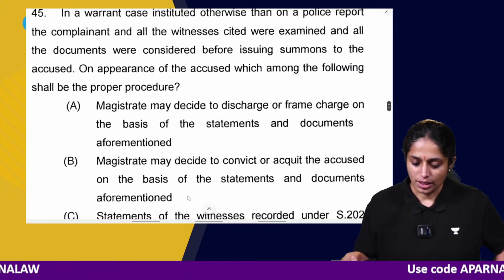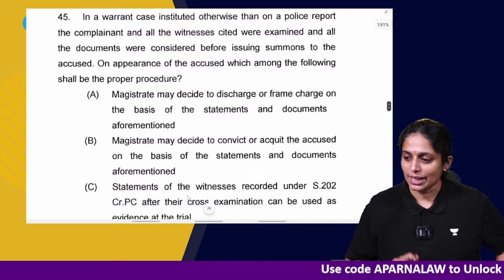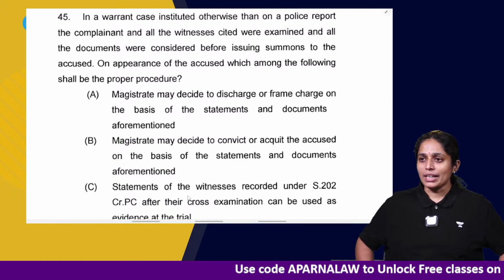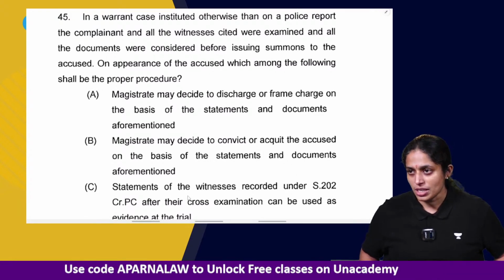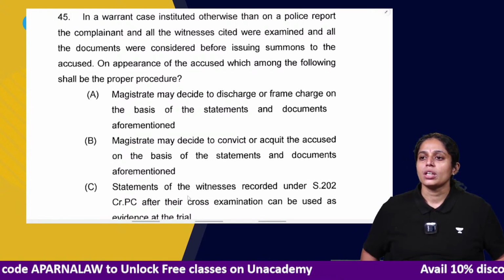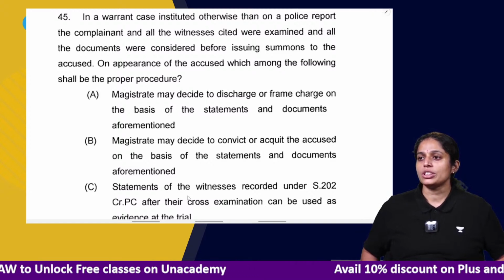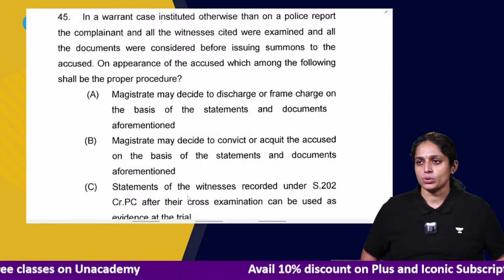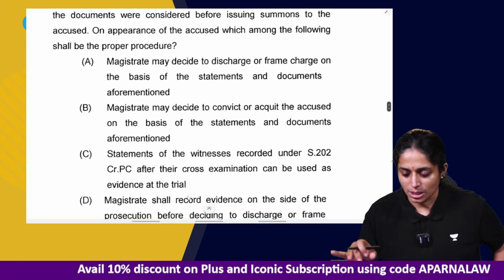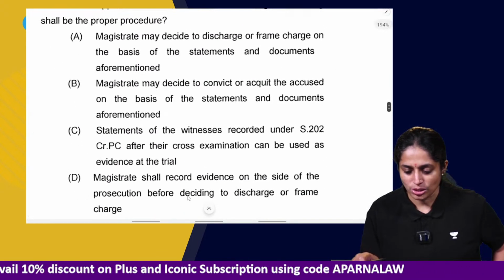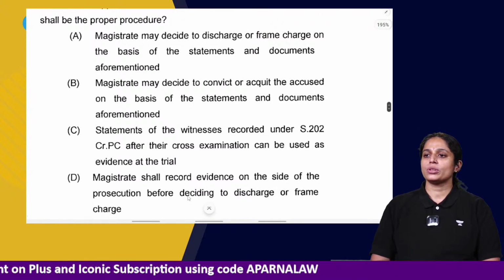Next, 45th. In a warrant case instituted otherwise than on a police report, the complainant and all the witnesses cited were examined and all the documents were considered before issuing summons to the accused. On appearance of the accused, which among the following shall be the proper procedure? A. Magistrate may decide to discharge or frame charge on the basis of the statements and documents aforesaid.